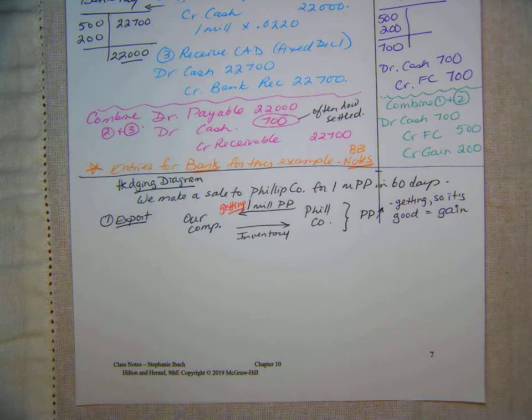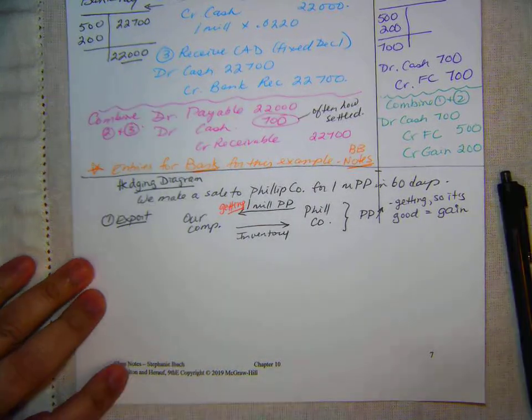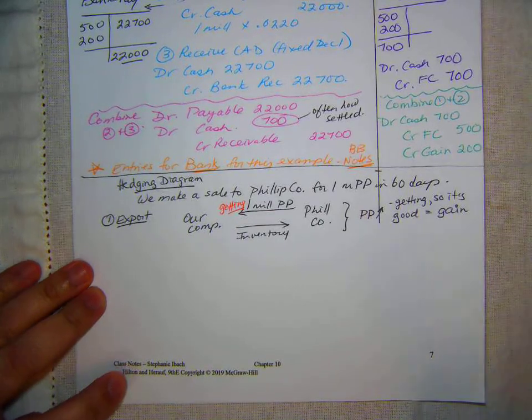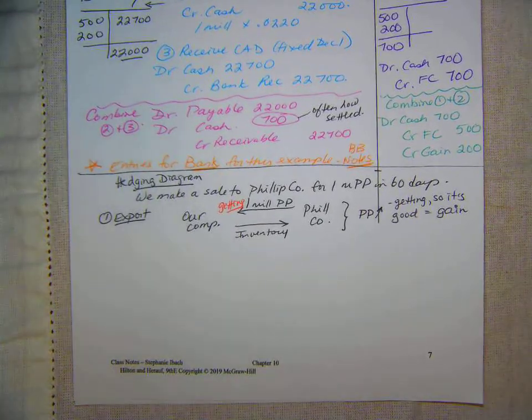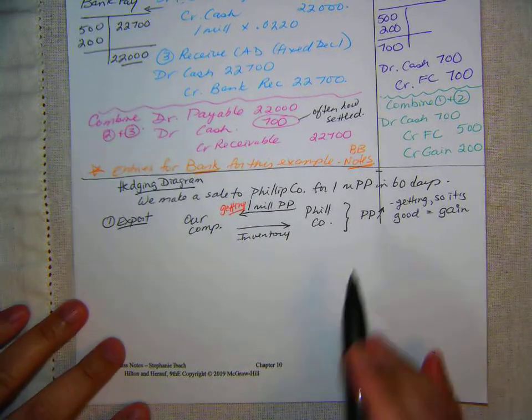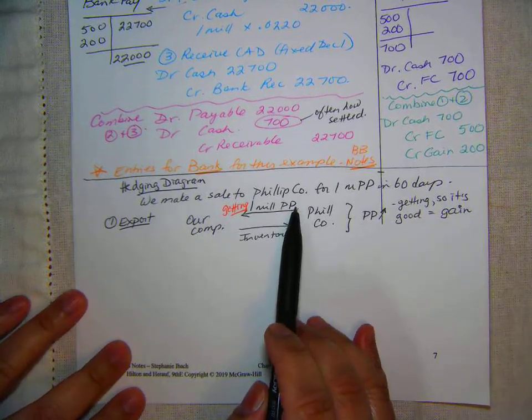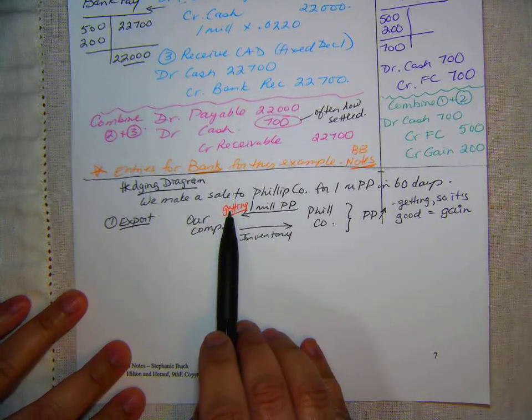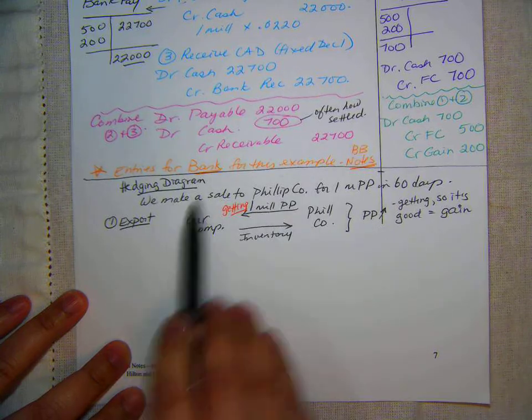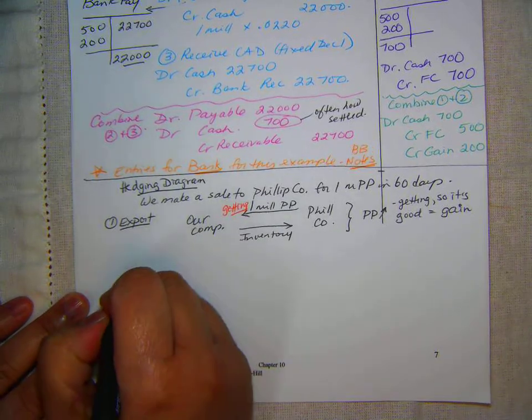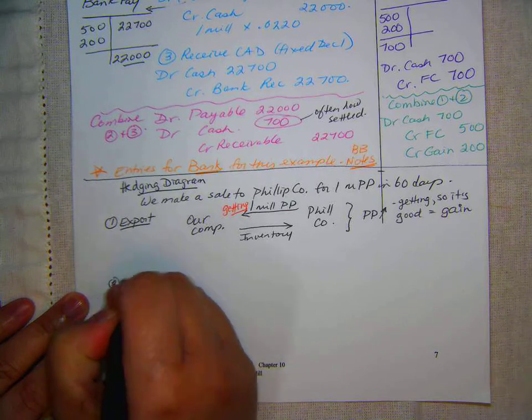So what we do is use a forward contract that we just learned in the last video to hedge against this. So we're going to do the opposite. We're getting pesos from this operating transaction. So we're going to make a forward contract to give 1 million pesos in 60 days.